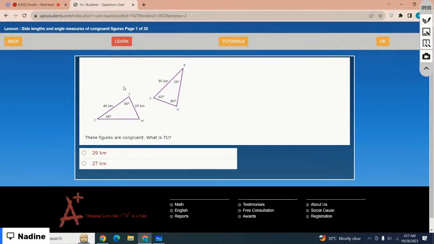TU and IH are congruent, right? IH is 29 kilometers. That means TU is also 29. Just match the congruent sides and you will find the answer. The correct option is 29 kilometer.